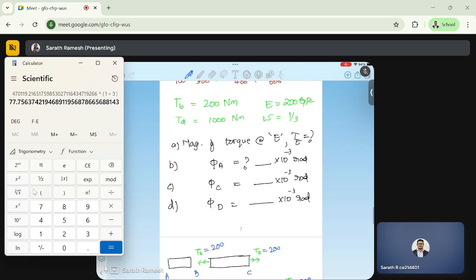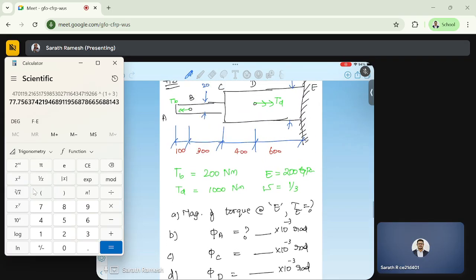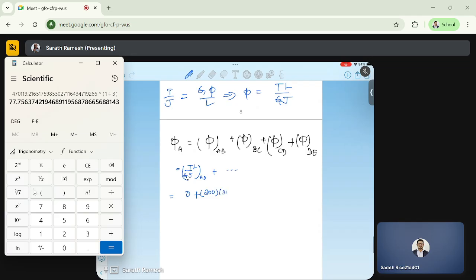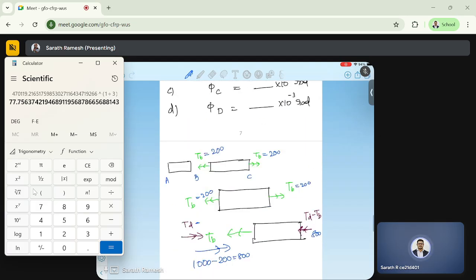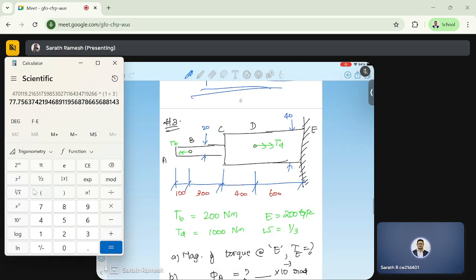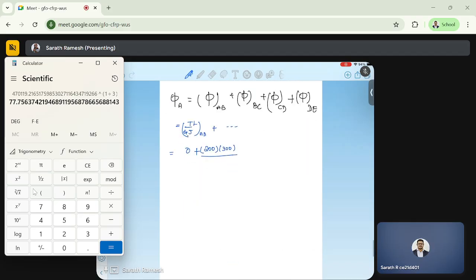Yeah. Length of BC is 300 mm. G is the same for everyone, so let's take it outside, and J of AB or BC, diameter 20 mm, is pi by 32 into 20 to the power 4. Okay.